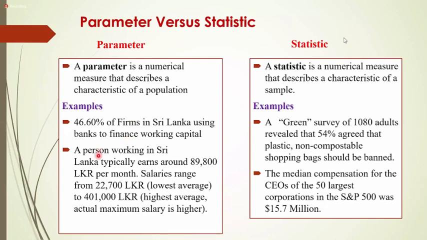Right. Then in the second example, a person working in Sri Lanka typically earns around 89,800 Lankan rupees per month. So here, what is the measure we used? Can you put the answer in the text box? In the second example, what is the numerical measure we used to describe?